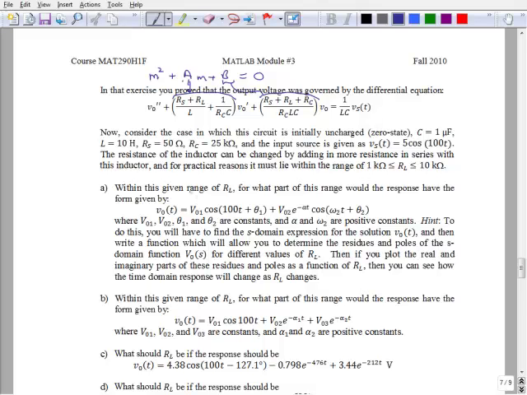So we get these 4 poles that exist due to this V out, or VO of S.